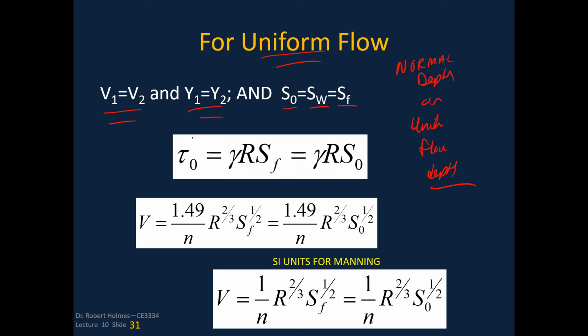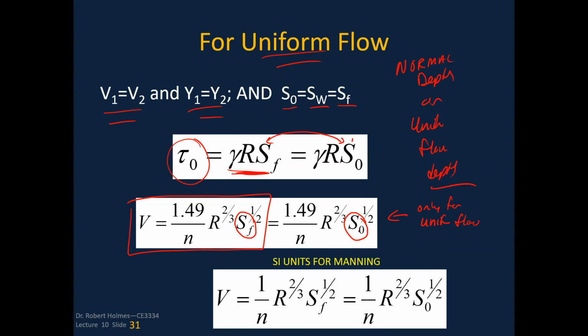So if I look at the bed shear stress, and this is my equation for that, if it's uniform flow, I can substitute bed slope in for the friction slope. And the same thing happens with the Manning equation. Notice that my Manning equation uses the friction slope here, but if it's uniform flow, I can substitute in S of O. This is only for uniform flow that I can get away with doing this.